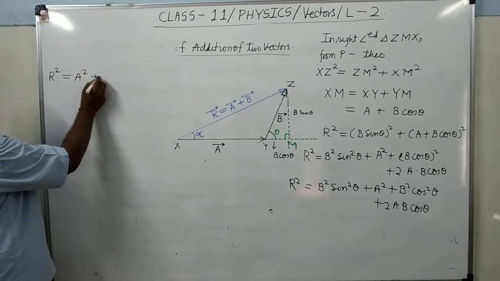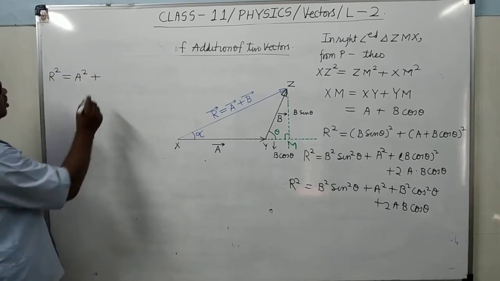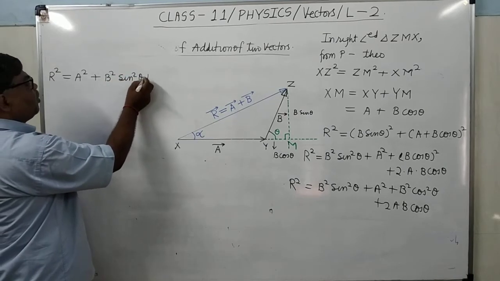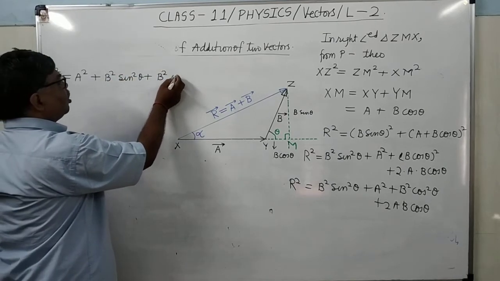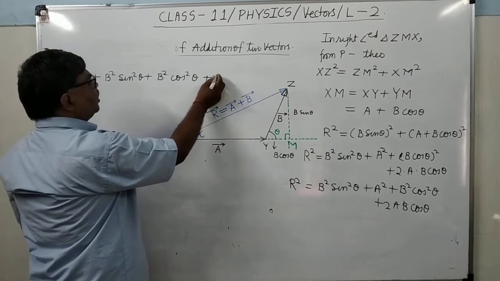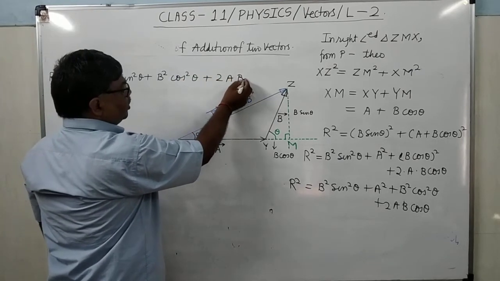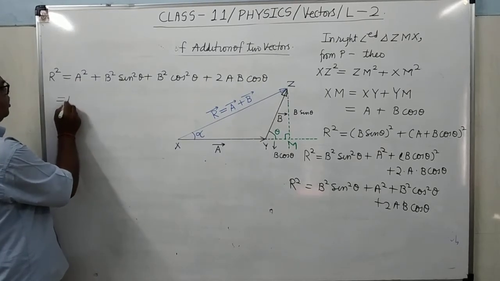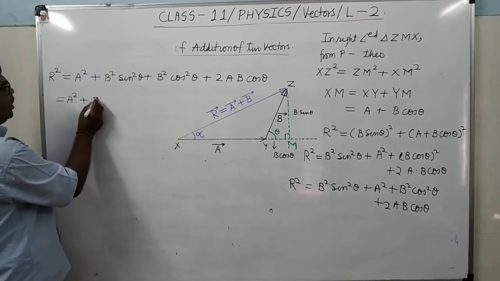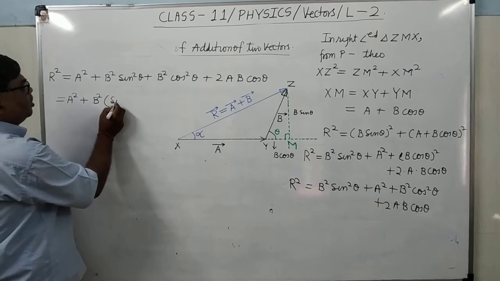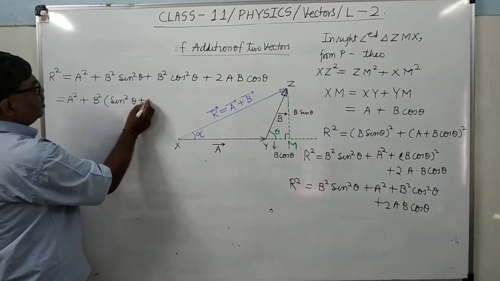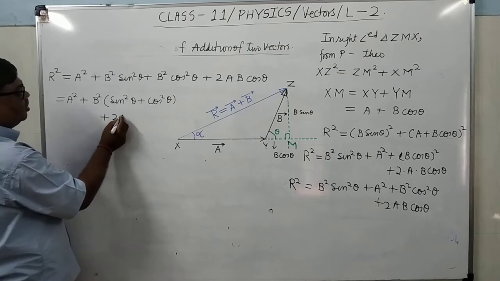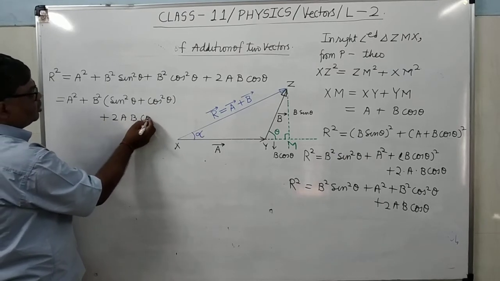Then you write down the terms containing B square together: B square sin square theta plus B square cos square theta plus 2AB cos theta. When you take B square common, it is sin square theta plus cos square theta.